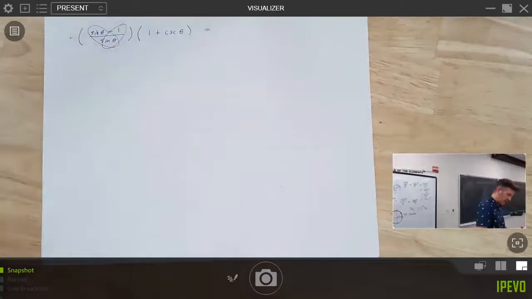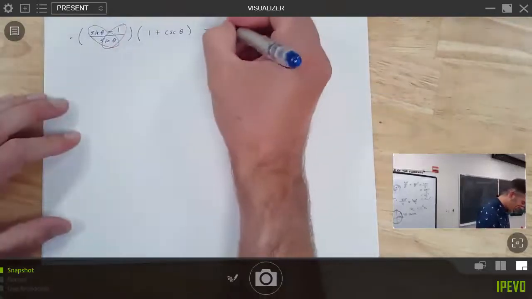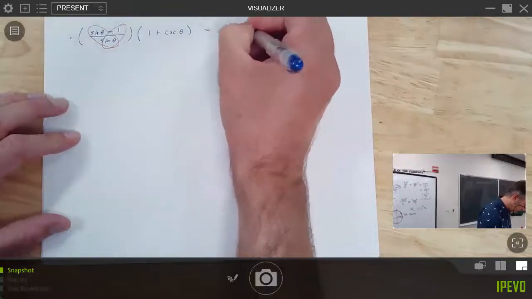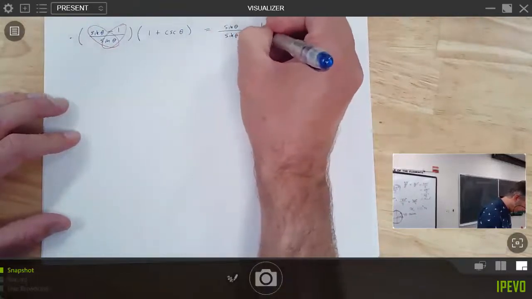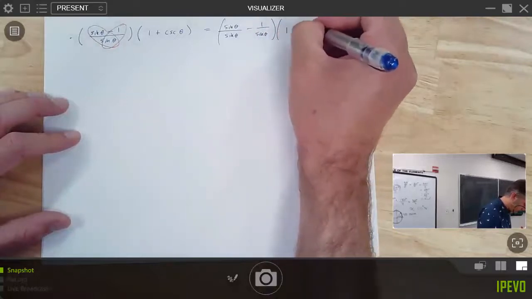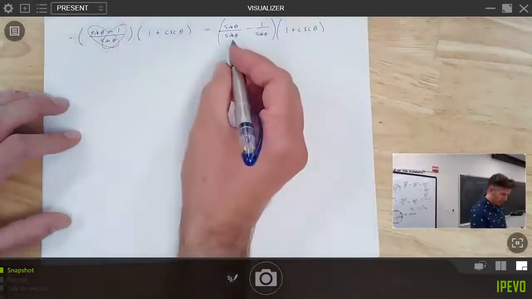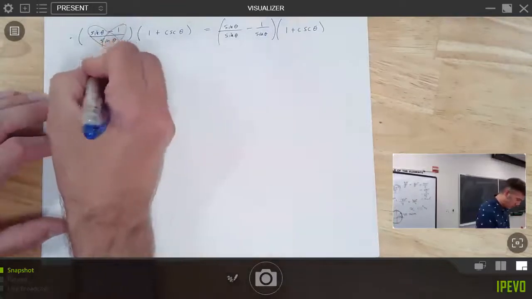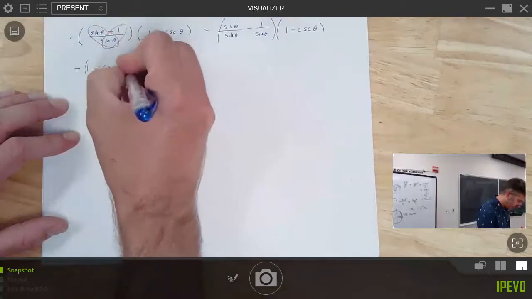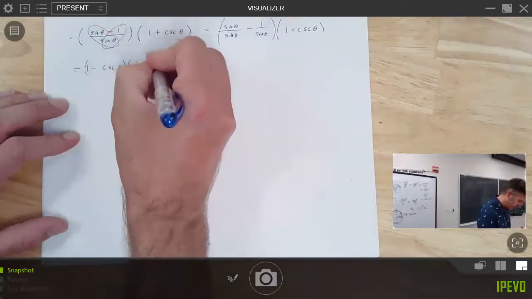So I'm going to have sine theta over sine theta minus 1 over sine theta times 1 plus cosecant theta. And then sine over sine is 1, and 1 over sine is cosecant theta. So you have 1 minus cosecant theta times 1 plus cosecant theta.